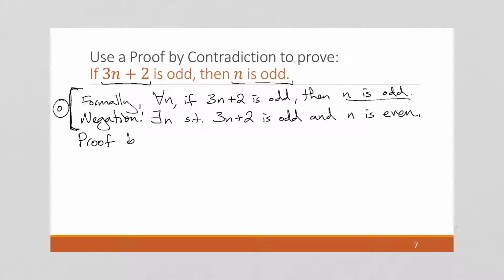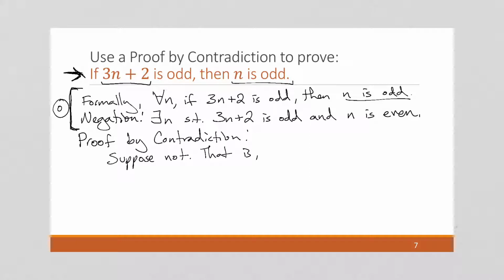Okay, and now I'm going to say, what kind of proof am I using? Proof by contradiction. Direct proofs are the default, so you don't have to say proof by direct proof. But with every other type of proof, you need to be specifying what kind of proof it is. Proof by contradiction. So suppose not. Right? I want to suppose the negation. That is, I'm supposing the original statement is not true.